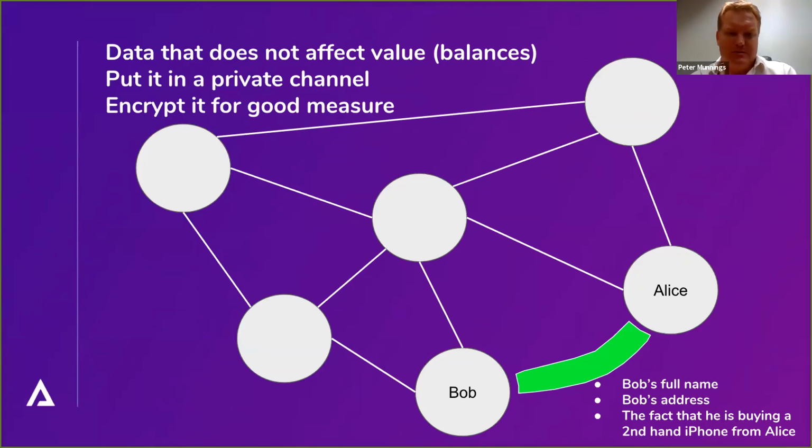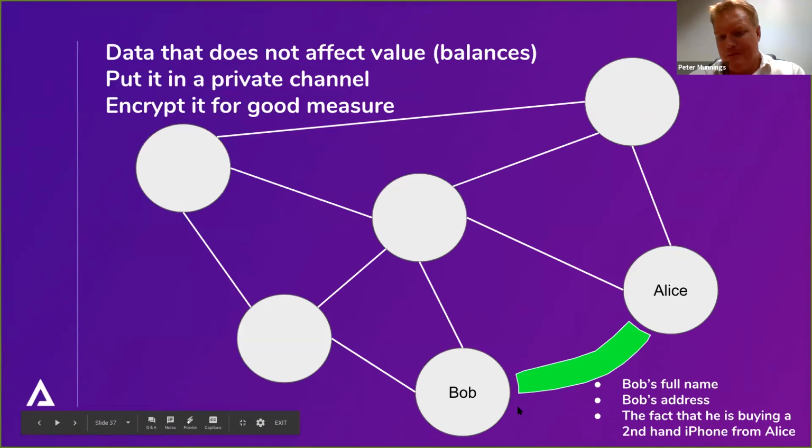Obviously, once we've secured this permission, and we're speaking specifically about permission networks, we've secured the network, we know who's on it. But any data that is metadata related to a transaction but doesn't affect the value of the transaction, or whatever value is stored on the blockchain, we put that in a private channel and we can encrypt that for good measure.